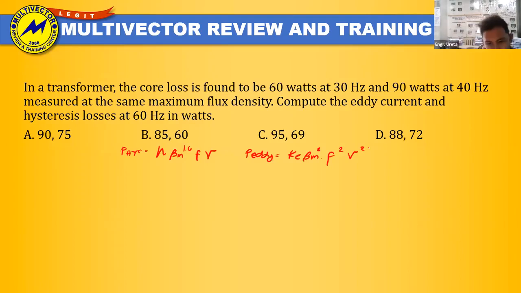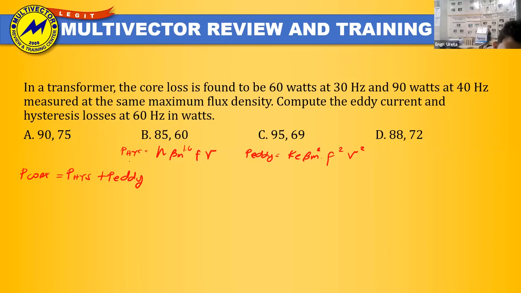We take note that with respect to the core losses, our core loss in a transformer is just equal to the hysteresis loss plus the eddy current losses. So here, what is asked is the eddy current loss at 60 Hz.